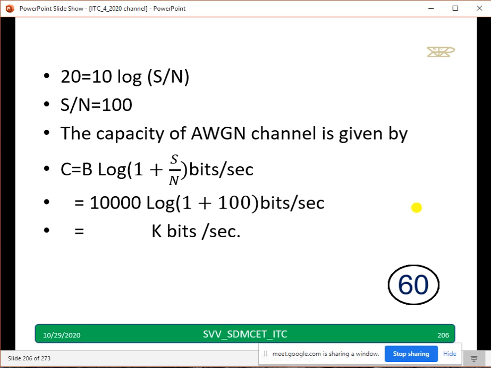Okay, Vinay has typed 66K. Very good. Abhay Bhatt also got 66.58. Vinay, 0.54. These are the two answers at present.